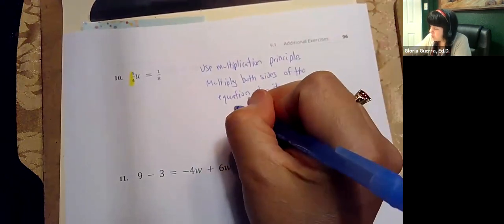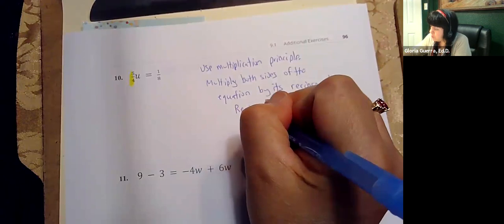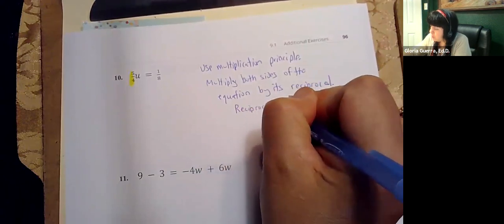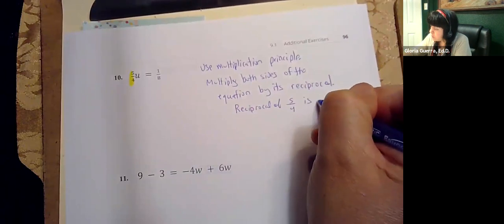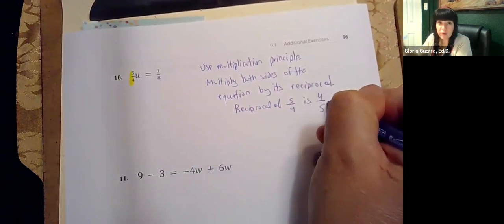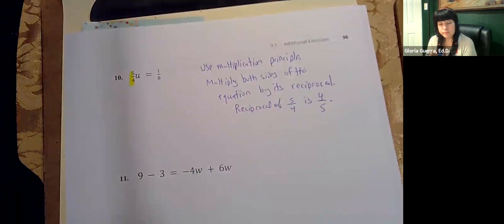And the reciprocal of 5/4 is 4/5. So in a little bit, you're going to see your teacher multiplying both sides of the equation by 4/5.